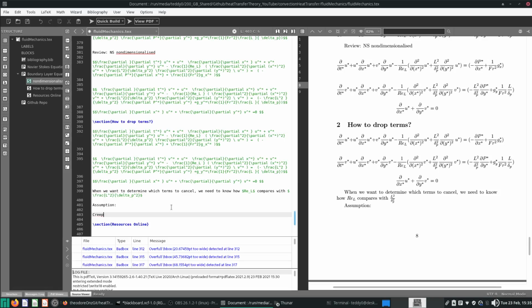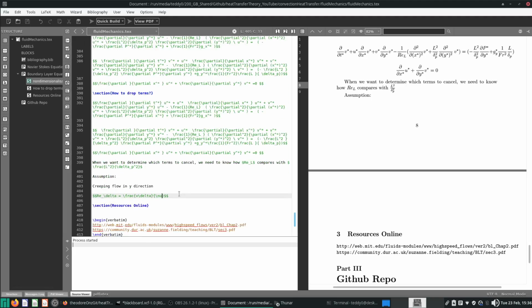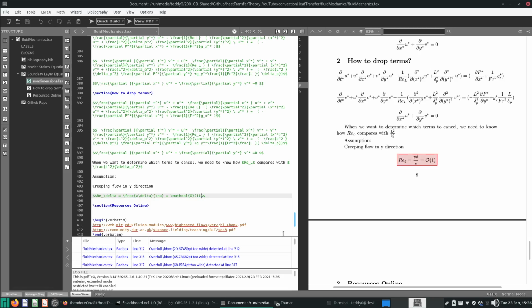Creeping flow in the y direction is our assumption, so that RE delta equals V delta over nu, and this will be on the order of magnitude of 1. Hopefully this is a logical assumption we can make, and from this assumption we can come up with some relative order of magnitude.